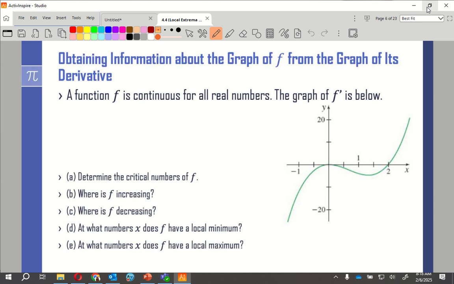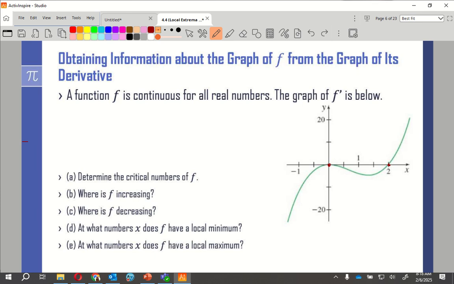So over here, this is the point where my slope is 0. So that's a critical point. Another point, my slope is 0. Another critical point.